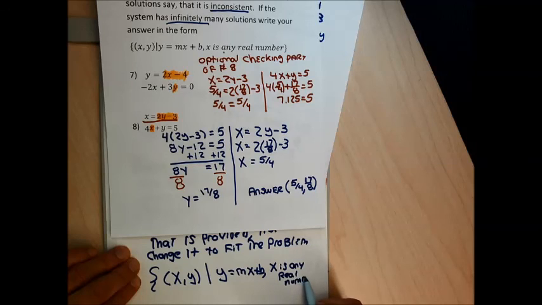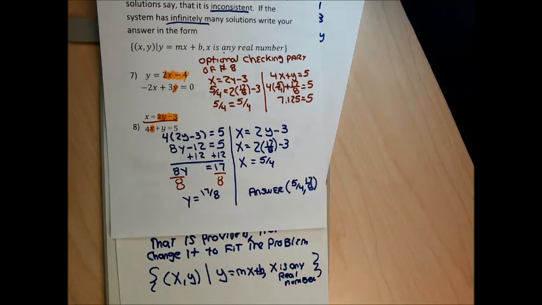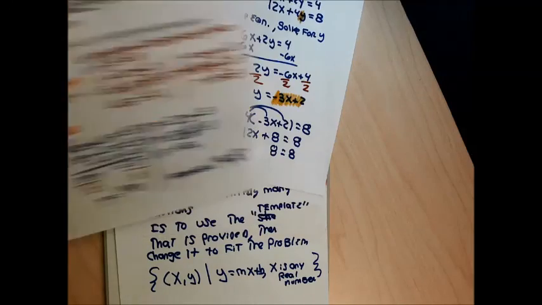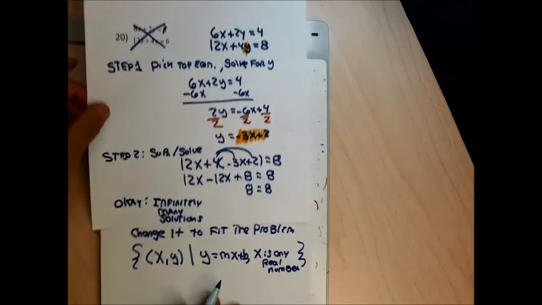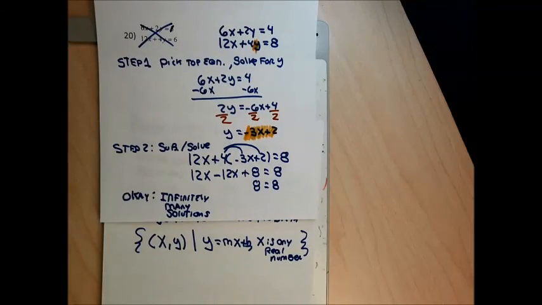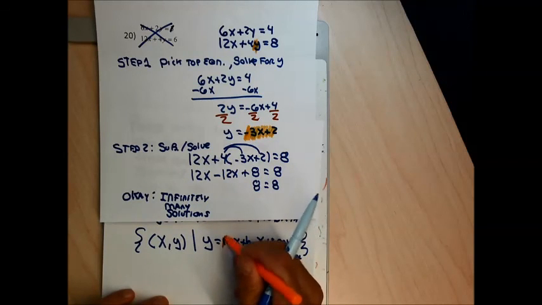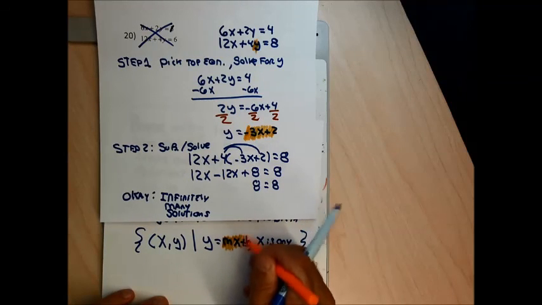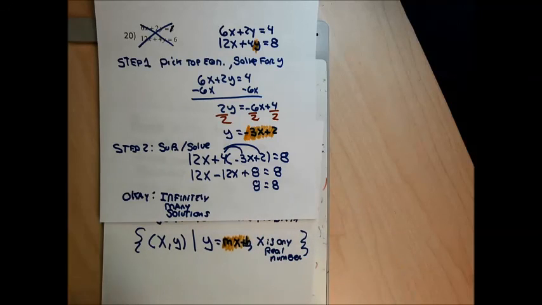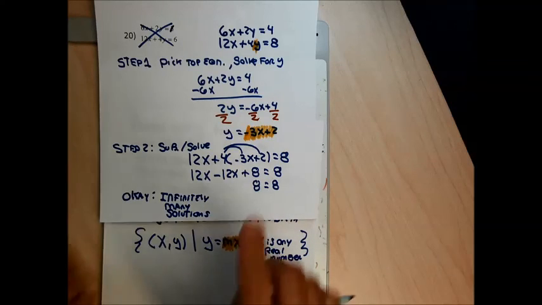So this is the shell that's provided when the lines would graph to be the same line. I'm just going to change the shell to fit the problem. And how do I change the shell to fit the problem? I change just this part of the template to fit the problem, and I have that right there.